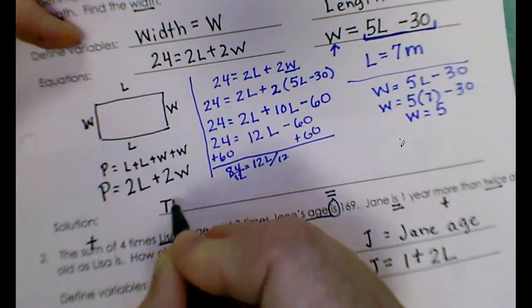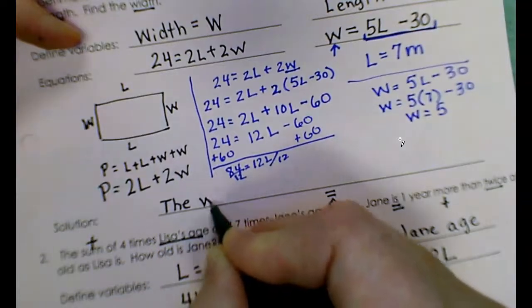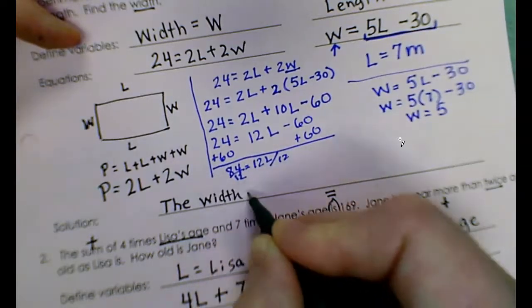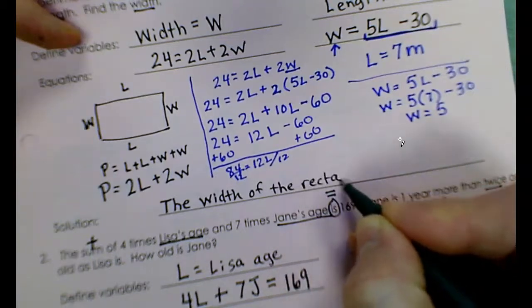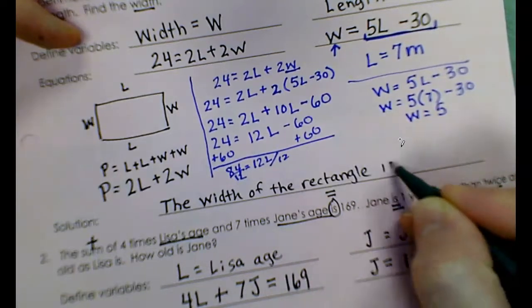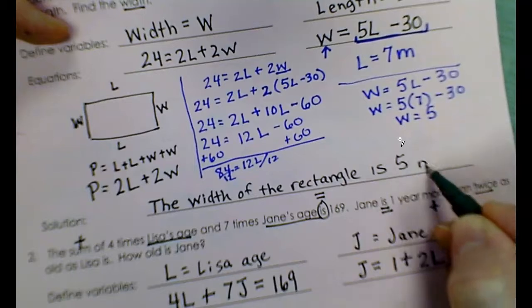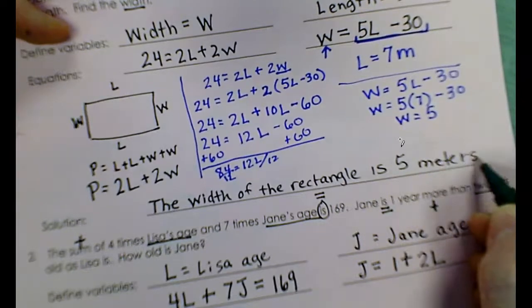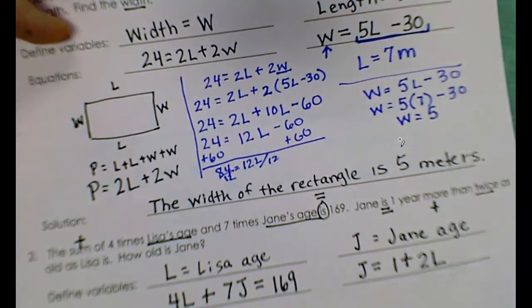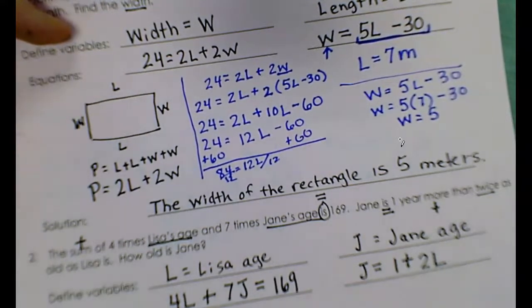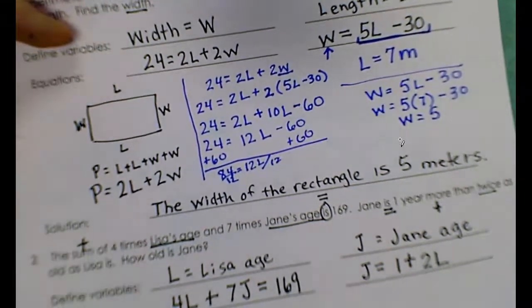The solution is the width of the rectangle is 5 meters. Is that a complete sentence? I may not be an English teacher, but I am a college-educated person. I can recognize a complete sentence. So please put your answers in terms of a complete sentence.